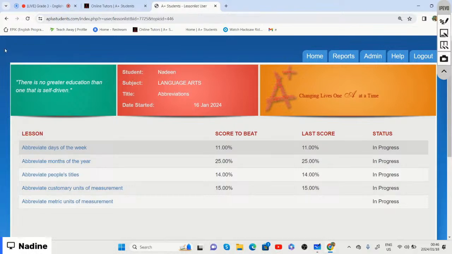And we said abbreviations are shortened forms. So basically this is the end of our lesson on abbreviations.